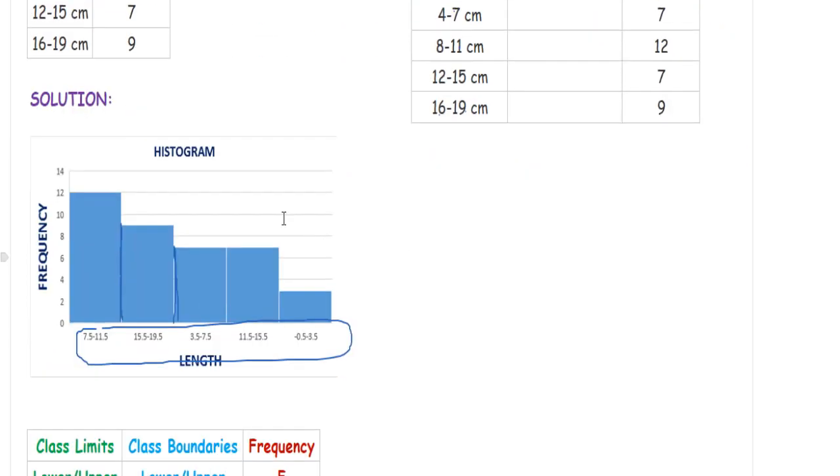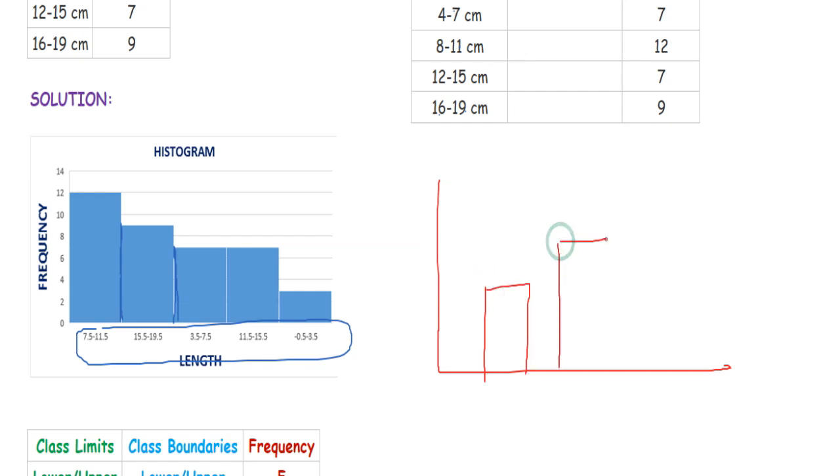This is an example of a histogram. As you can see, the bars are joined together, unlike bar charts, which look something like this. The bars are not usually joined together.